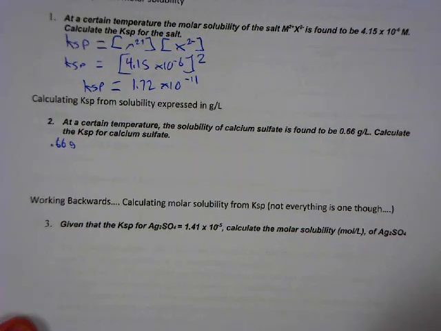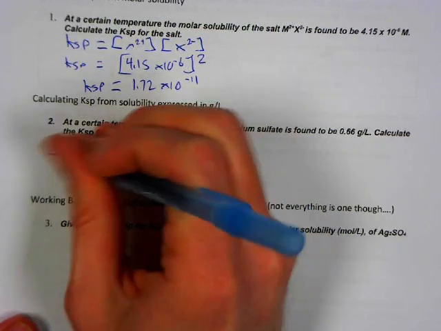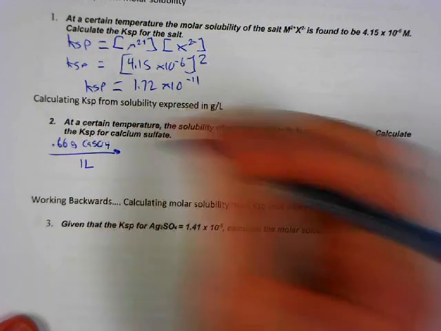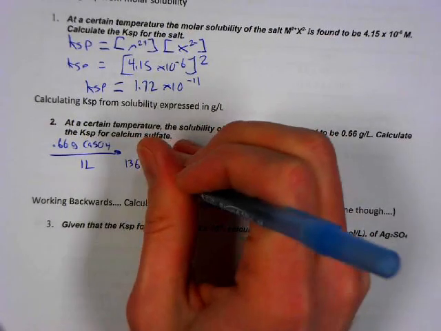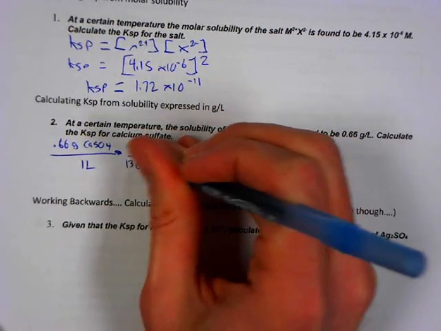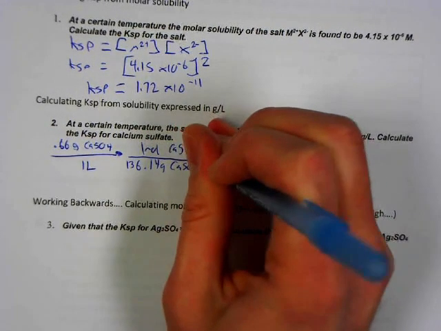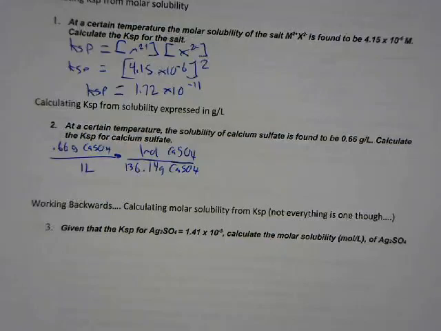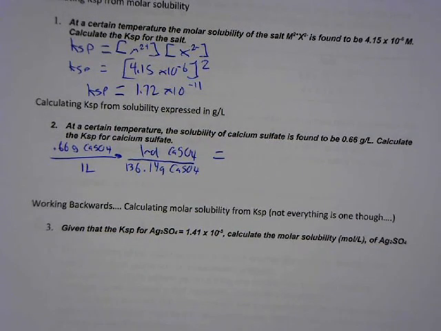So my 0.66 grams of CaSO4 over 1 liter. What is the molar mass? I'll just tell you. It's 136.14 grams of CaSO4 in 1 mole of CaSO4. We're not getting our yellow sheet out right now. We don't have time for that. That will give me molar.